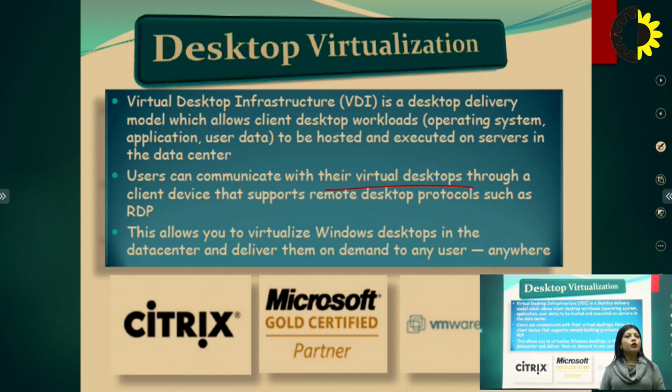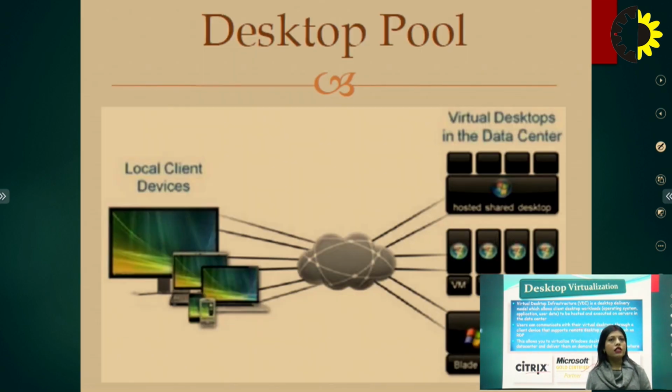So this allows you to virtualize Windows desktops in the data center and deliver them on demand to any user. These are the vendors of desktop virtualization: Citrix, Microsoft, VMware. So these all are the desktop virtualization vendors.